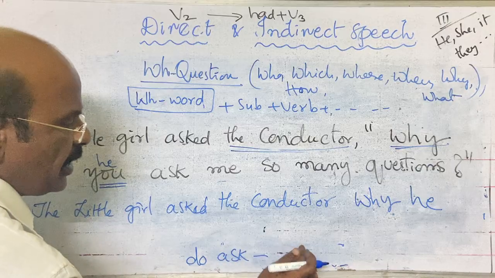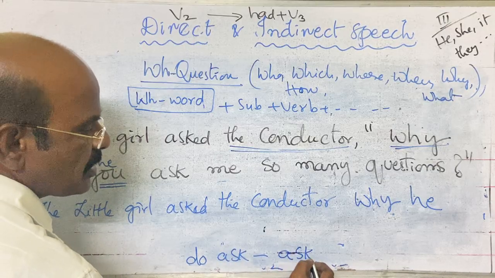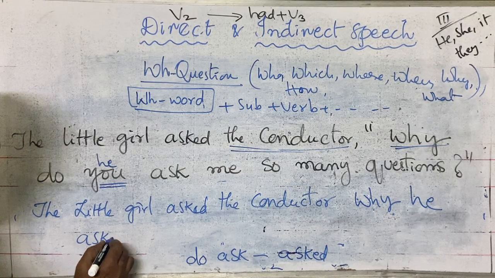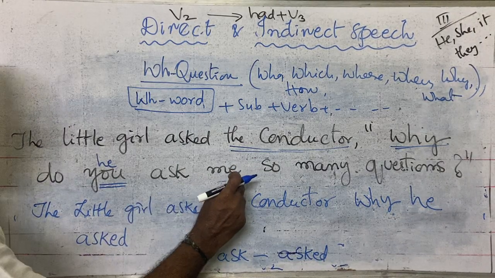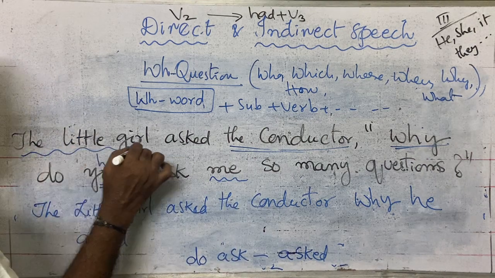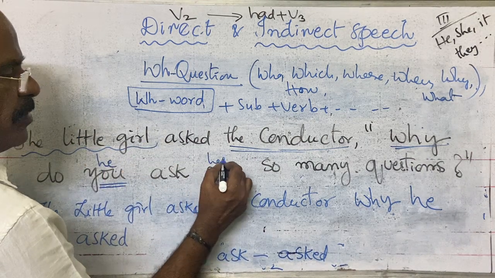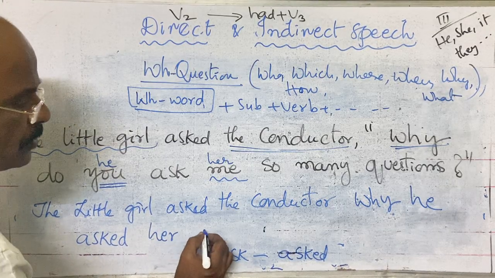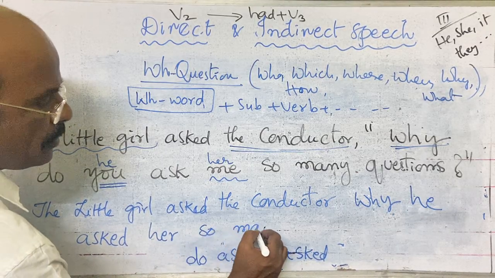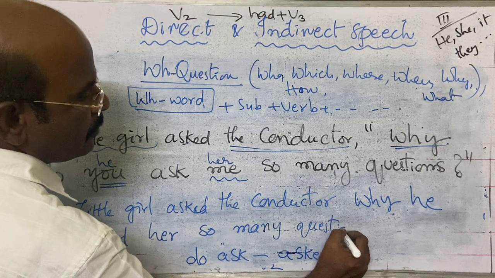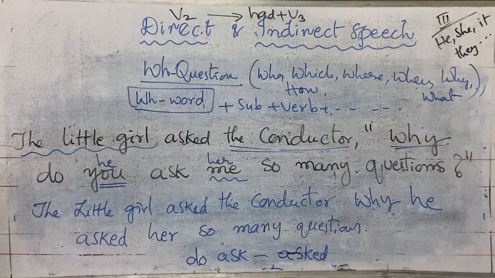So converting present tense into past tense: asked. Why he asked me. Me means who is talking? The little girl. So her. We asked her so many questions. Like this it is a change.